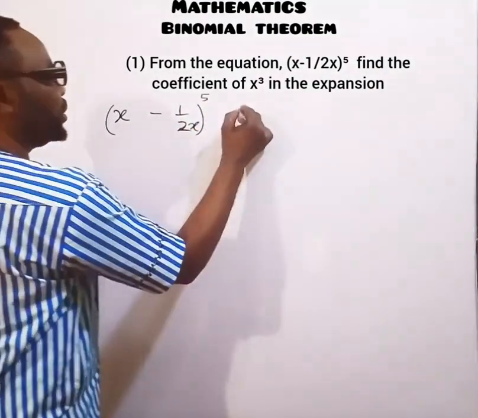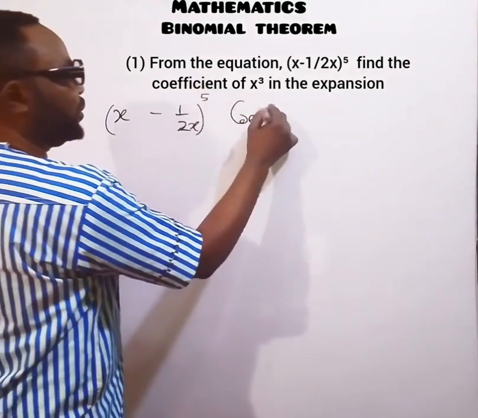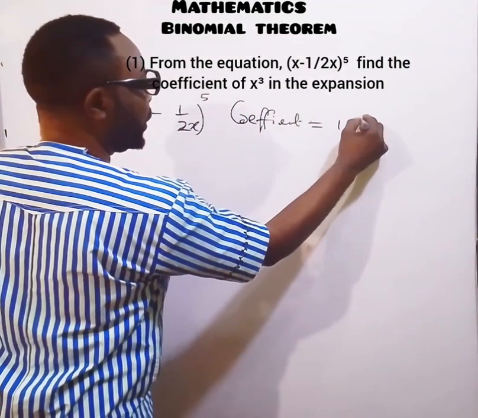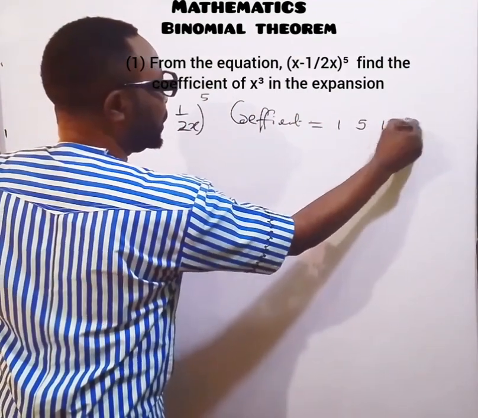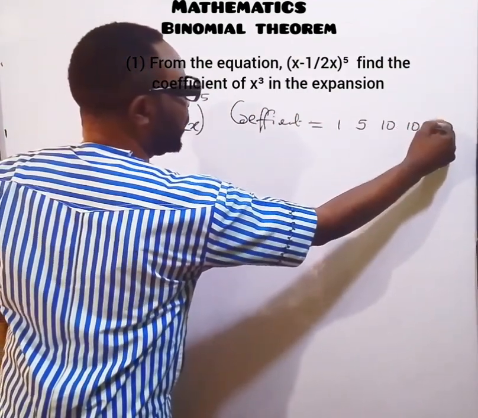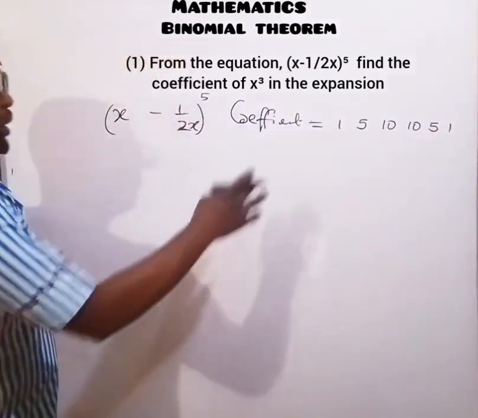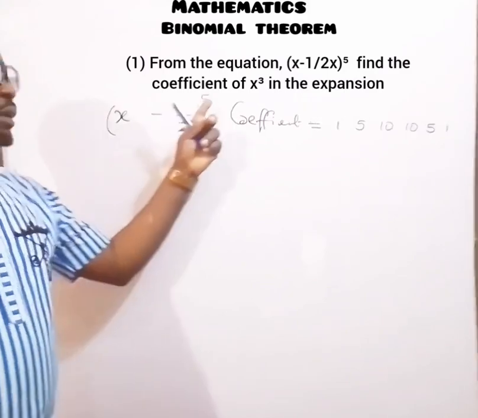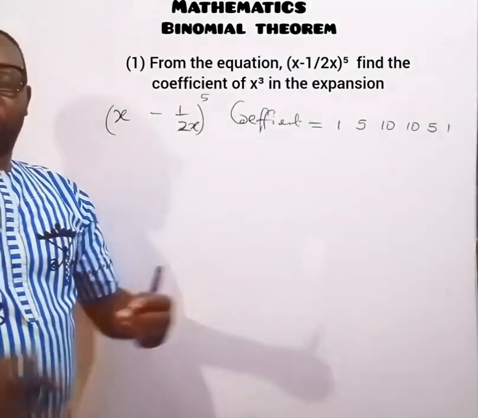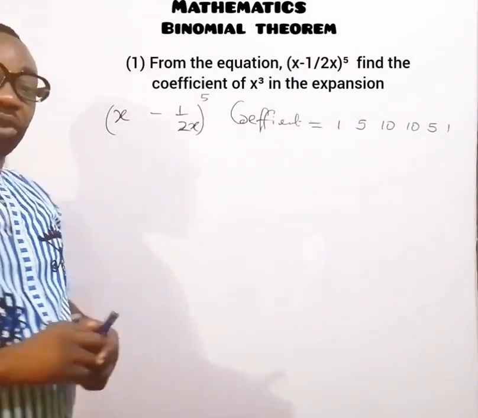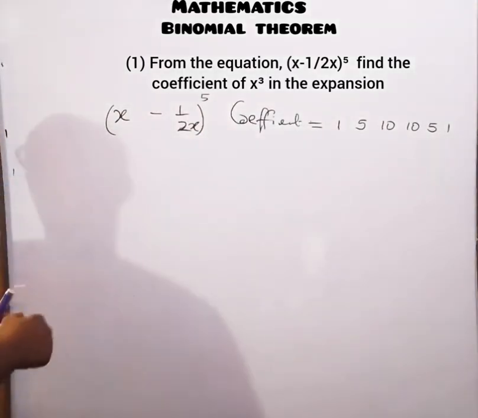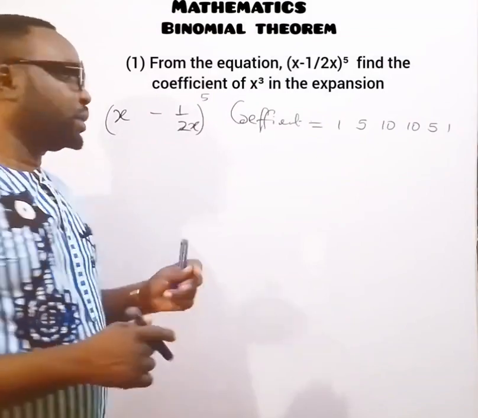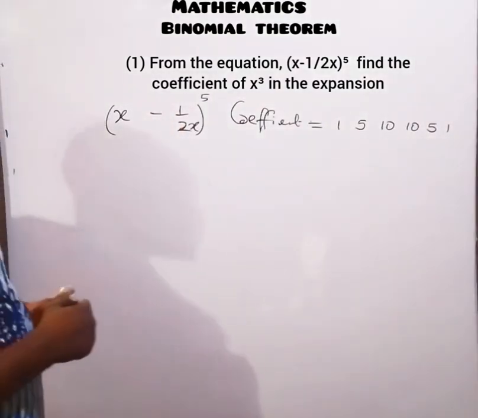The coefficient values of this power of 5 are 1, 5, 10, 10, 5, and 1. That is the value of the coefficient that this particular power is going to give us. According to the question, we should find the coefficient of x raised to the power of 3. So let's look at how we're going to do it.